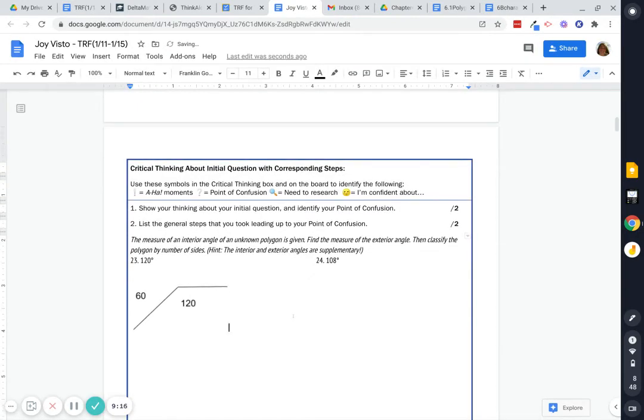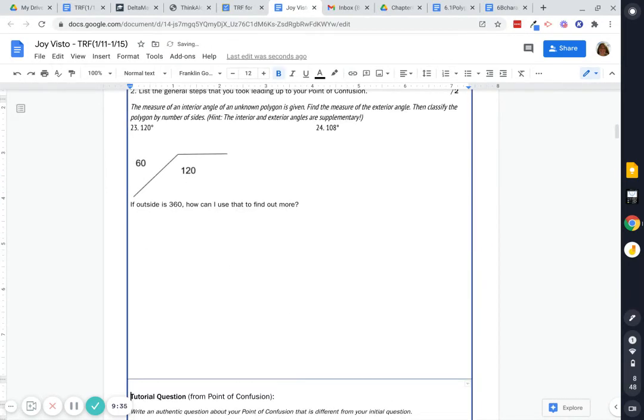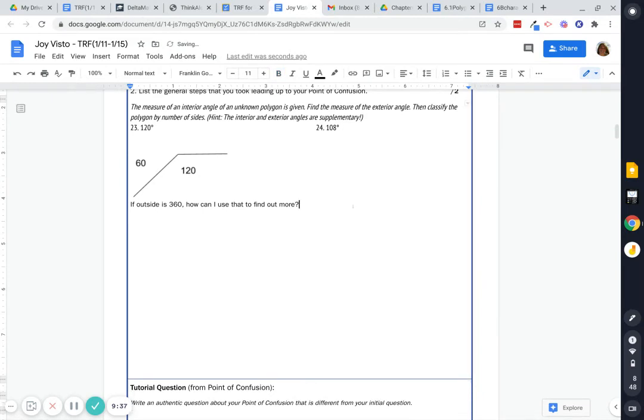So there's a little picture. And if the outside is 360, how can I use that to find out more? And then maybe I'm going to type up some steps. So far, here's what I've done so far. Drew a picture of the angle, labeled all measures that I know.